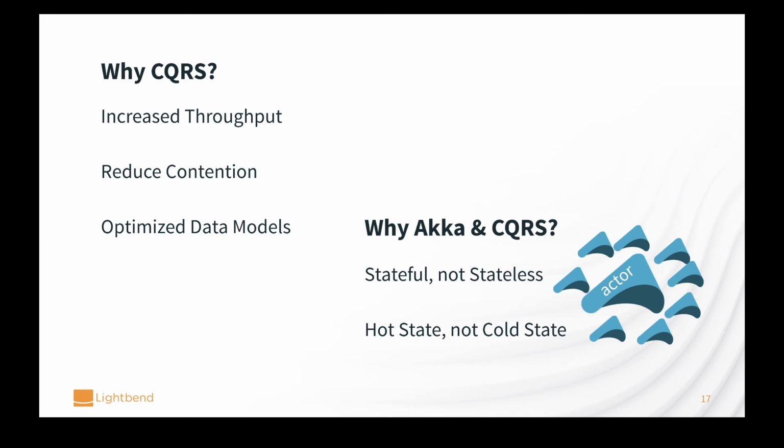And what this means is that there is state. You have the state of your order. You have the state of your IoT device. So in a stateless system, a request comes in to change the state of a given entity, your order or a given IoT device. You have to retrieve that cold state from storage, bring it into memory, make your changes, and then persist those changes back down to the database.